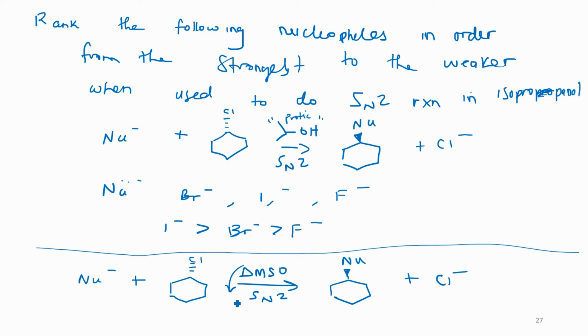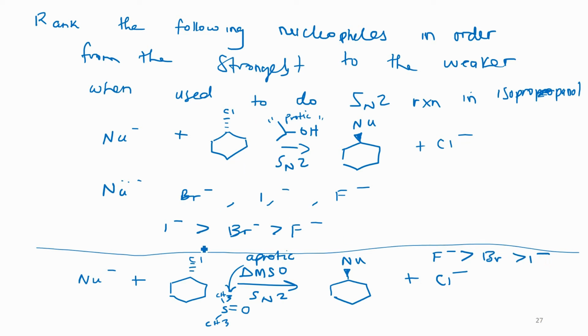I drew the structure for DMSO before. Those are methyl groups, CH3, CH3. So it's aprotic. In an aprotic solvent, F minus will win. In a protic solvent, I minus will win. So the ranking will be F minus is a better nucleophile than Br minus, which will be better than I minus.